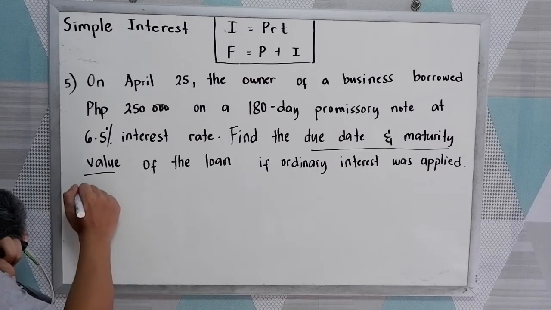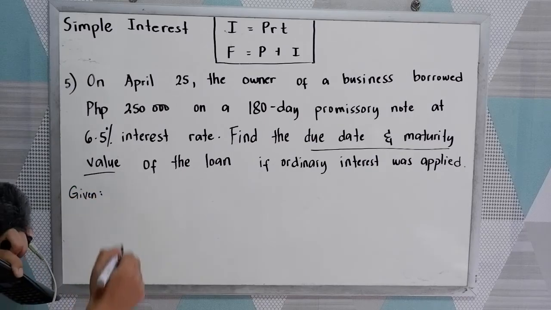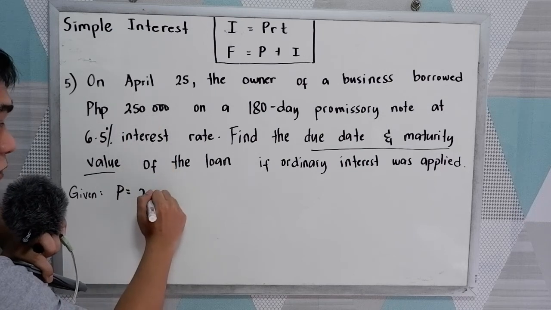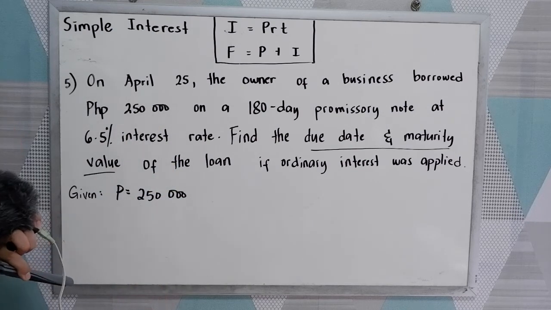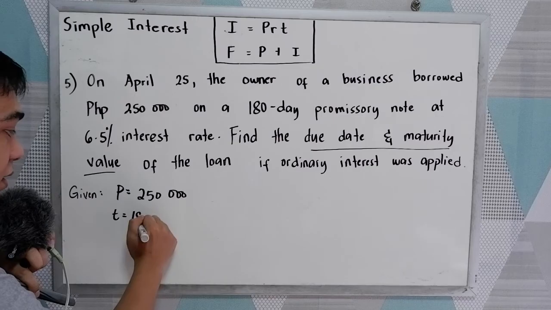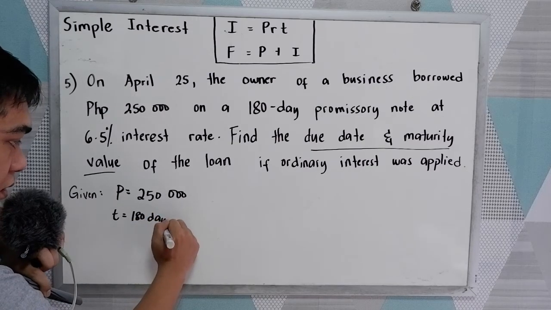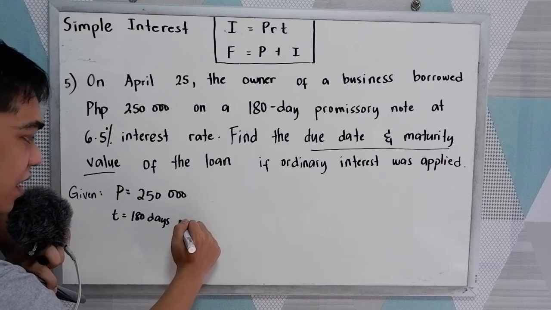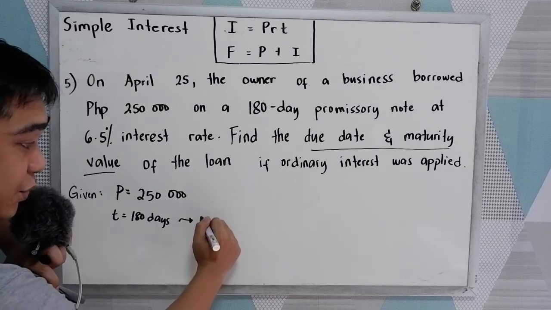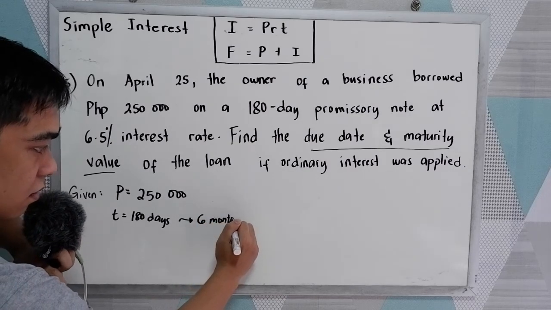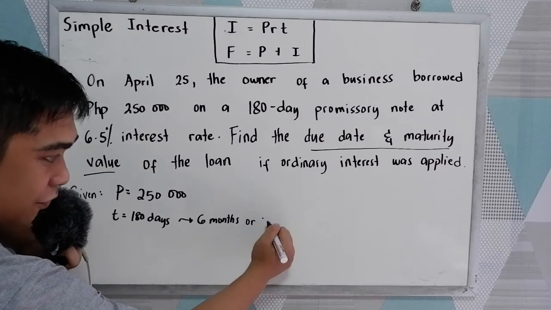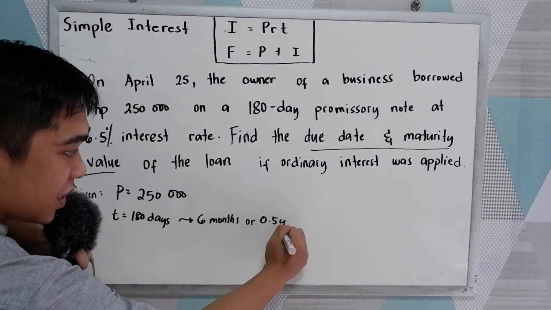Determine first the given. We have the principal, which is 250,000 PHP, and our time is 180 days. 180 days is equal to 6 months, or 6 months is 1/2 of a year, or 0.5 year.